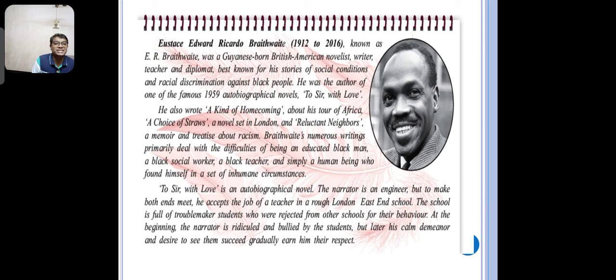This is a very severe issue, and the same issue has been highlighted by E.R. Braithwaite throughout his writing. He talks about the social conditions of black people and racial discrimination. These are the subject matters of his writing.